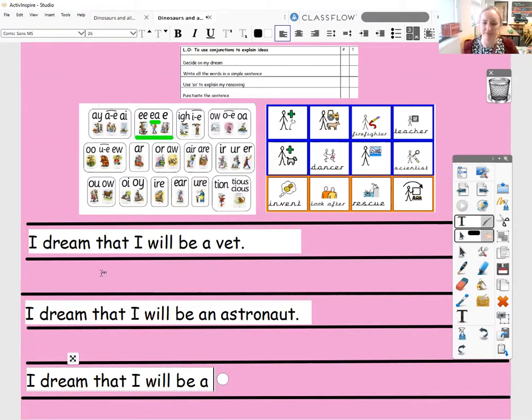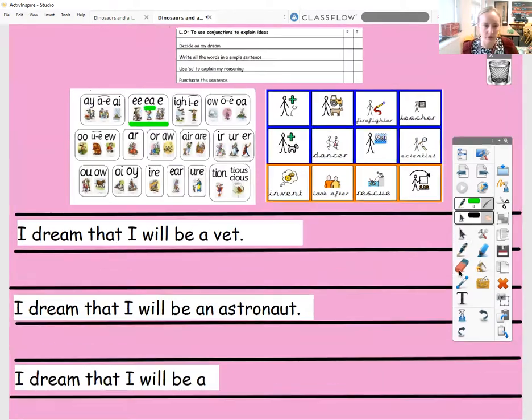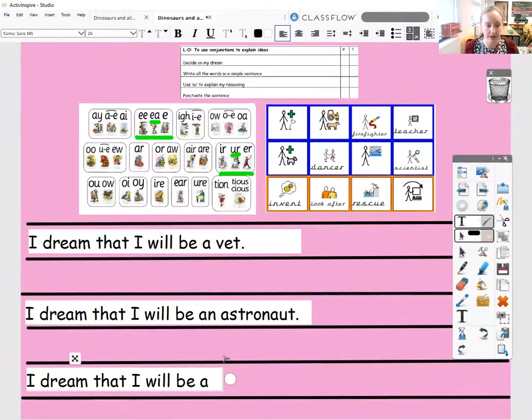Nurse. The sound on my word mat is here. And it's actually because we've got nurse with a purse. Well done if you remember that. And it is a S at the end, but it's actually an E as well. Okay, so there are my 3 sentences to start.